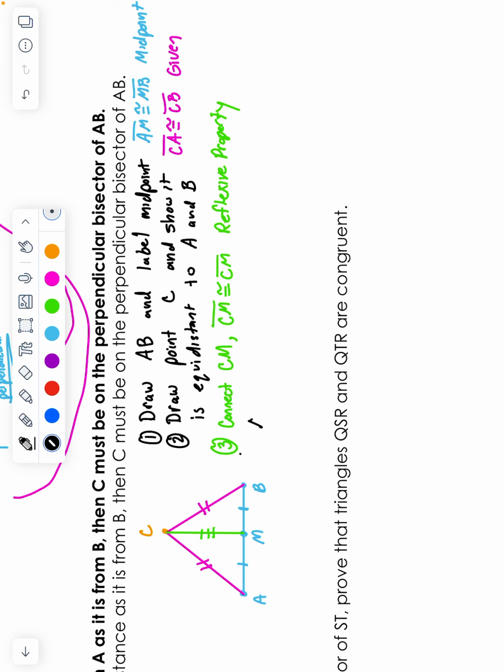So now we do have a lot going on. We have triangle AMC congruent to triangle BMC. These are two triangles, and they are congruent by side.